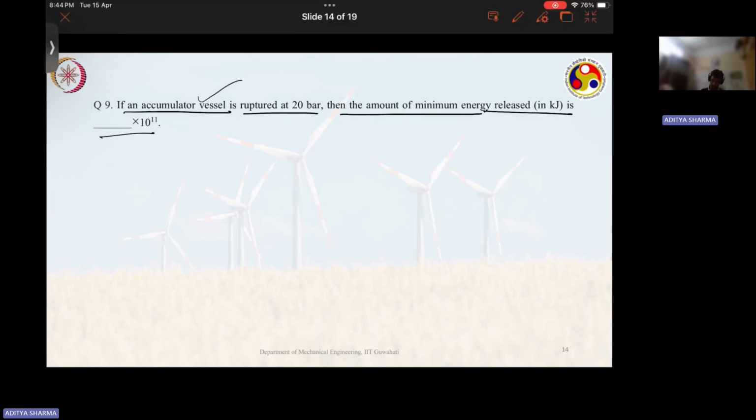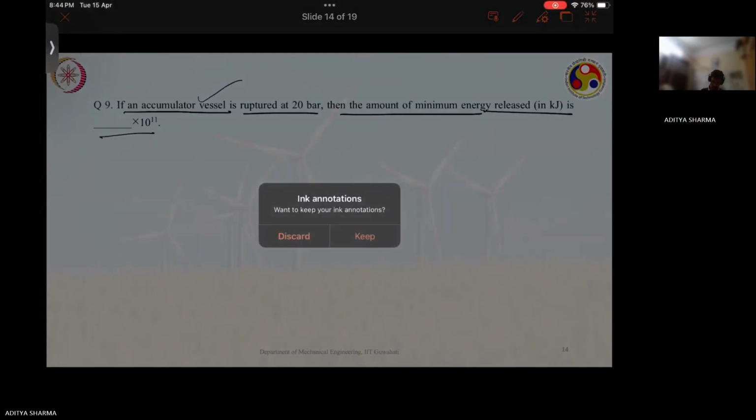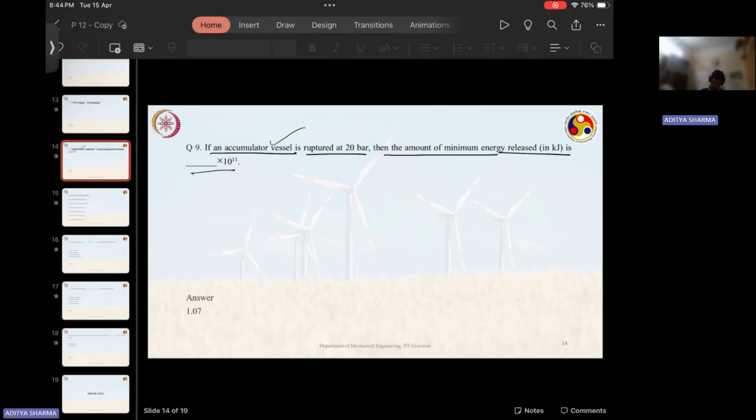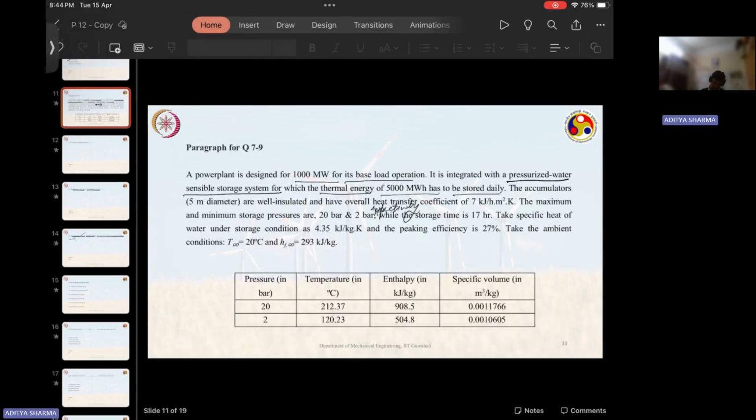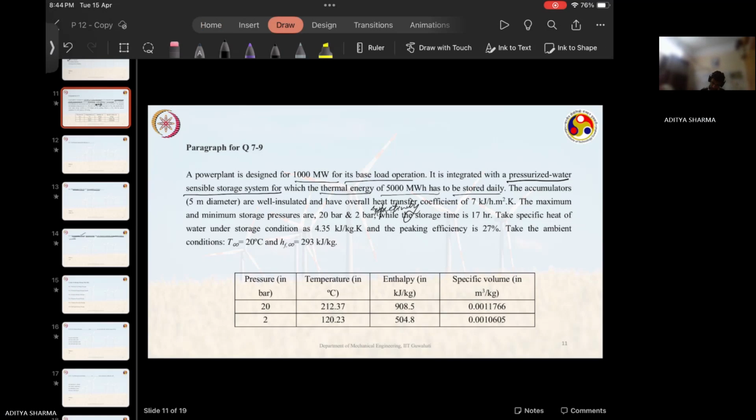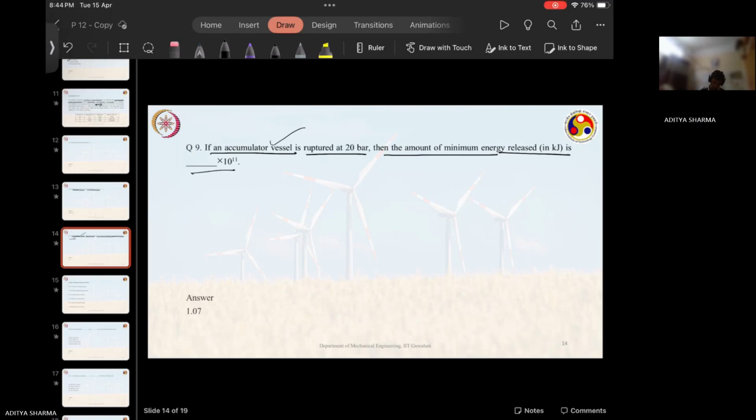If you see, let's keep this. So HF at infinity and HF at 20 bars. From there you can calculate this. Okay.